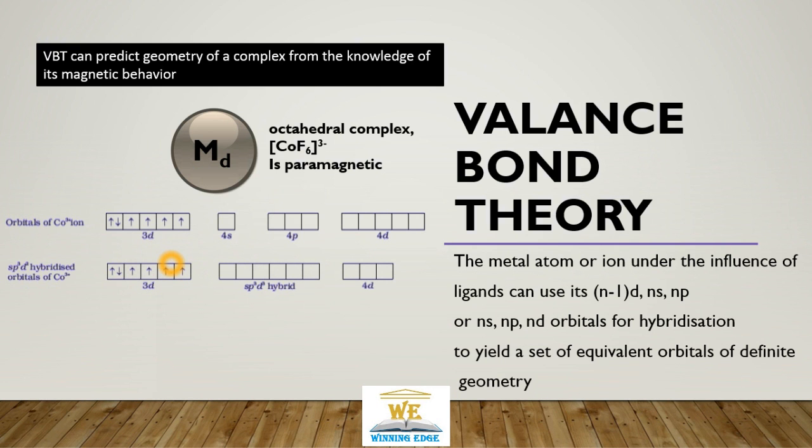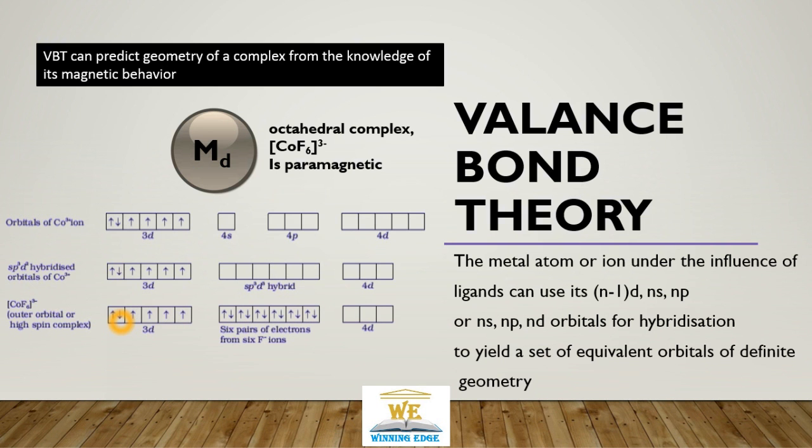Our unpaired electrons will remain the same. In this complex, we have empty 4d orbitals. Two empty 4d orbitals will be used for hybridization, giving us an sp3d2 complex, and the unpaired electrons will remain unpaired in the case of the cobalt fluoride complex. That's what we get.